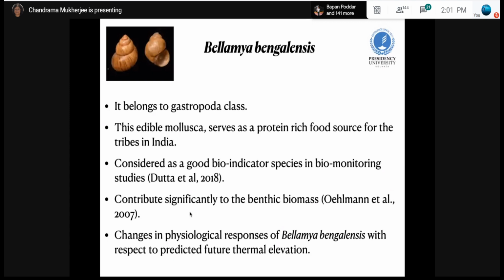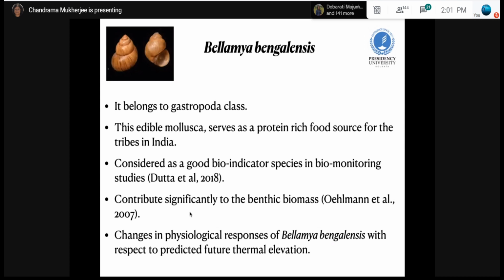Dr. Sumit Mondal has a long project on this gastropod, Bellamya bengalensis, an edible mollusc. It serves as a protein-rich food in many tribal areas in India. There are also previous reports that it can serve as a good bioindicator species in biomonitoring studies, and it contributes significantly to the benthic biomass.